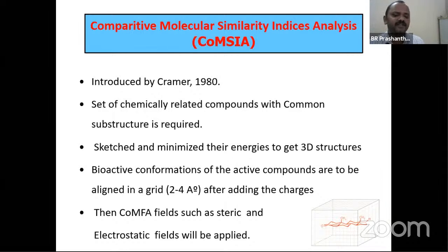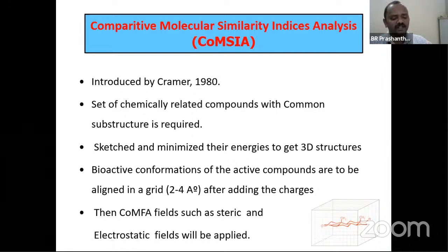If you are cooking rice, to know whether it is boiled or not, you can just take one or two grains and check. So in the test set we take very few compounds, but in the training set we take more. A set of chemically related compounds with common substructures is required for both the training set and the test set.